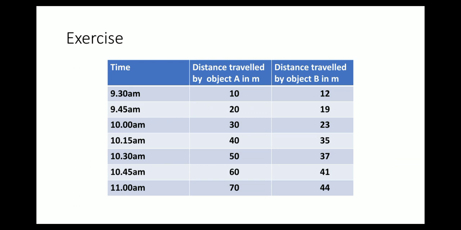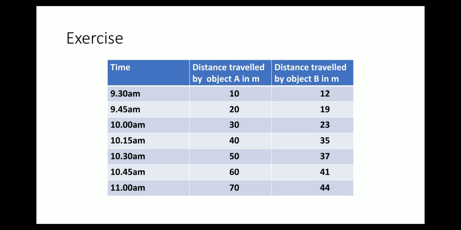And let me see one exercise. The data recording the motion of two different objects A and B are given in table 8. Examine, find out and state whether the motion of the object is uniform or non-uniform.